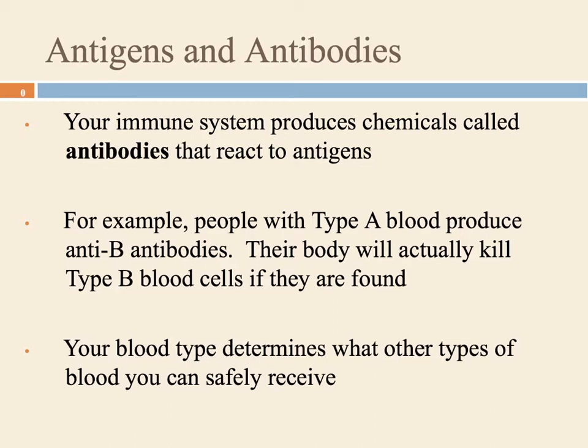So those ID tags tell the body that, hey, this is basically a blood cell that belongs to you, and your body is going to make antibodies in case the wrong blood type ever enters your body. So that's blood type in a nutshell. We're going to look at determining blood type for offspring in class, but in a moment let me bring up a slide and we'll do a brief one here for a second.